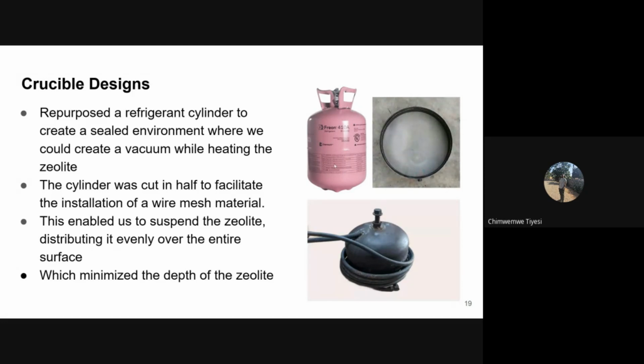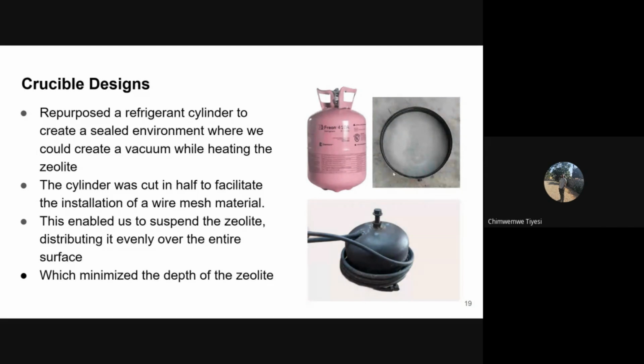The cylinder was cut in half to facilitate the installation of a wire mesh, separating the upper and lower part of the cylinder. In pink there is the cylinder, and in the graphic just next to it, you have the wire mesh and half of the refrigerant tank that we repurposed.